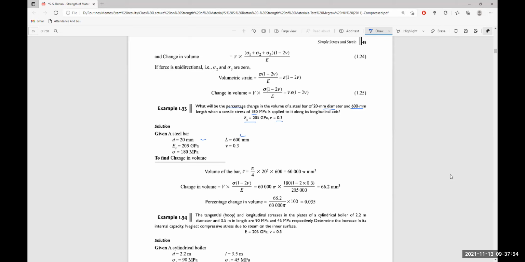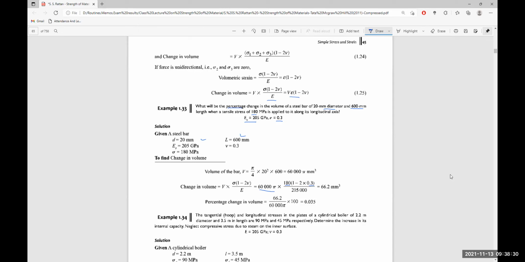The change in volume, as per our last definition here, is V, volume, multiplied by sigma into 1 minus 2 nu divided by E. The volume we have just calculated is 60,000 pi, where sigma is given as 180 MPa in the axial direction, multiplied by 1 minus 2 into 0.3, and that divided by the constant of proportionality E, 205 into 10 to the power 3, as it is given in GPa.